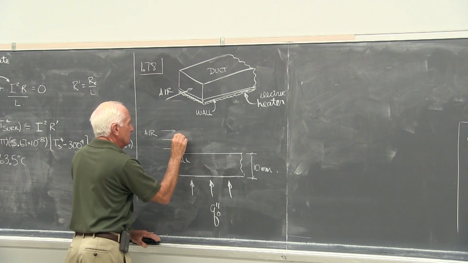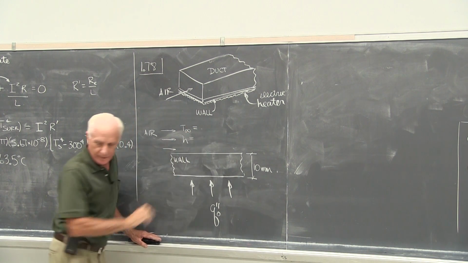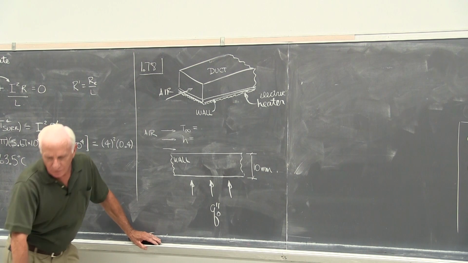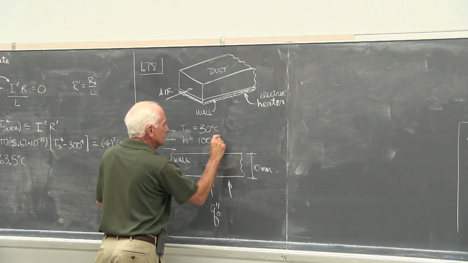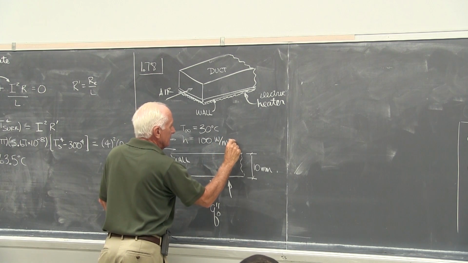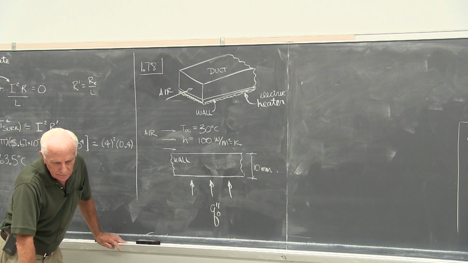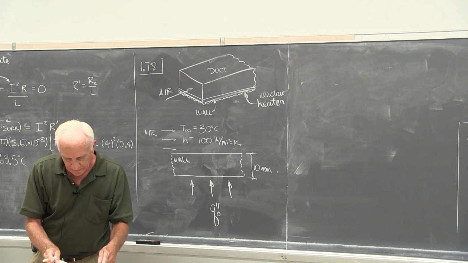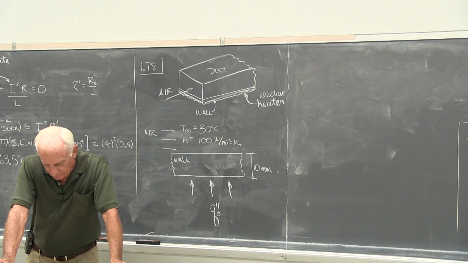Okay, the temperature of the air is given and the convection coefficient for the air is given: 30 degrees C and 100 watts per square meter K. Okay, that's given. Duct wall. What else?